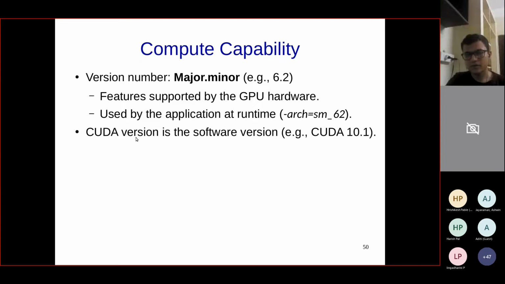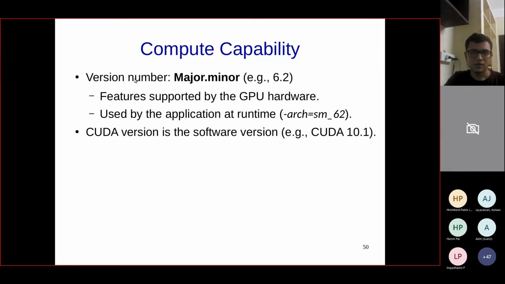And the second thing is the CUDA version. CUDA version is related to the software. CUDA itself is a software which, in some sense, is related to the hardware, but it's a software written for the hardware. Think of it like that. So CUDA version is a software version. Whenever you say I have CUDA 10.1, it's the version of CUDA. But this major number and minor number is given for the GPU hardware.